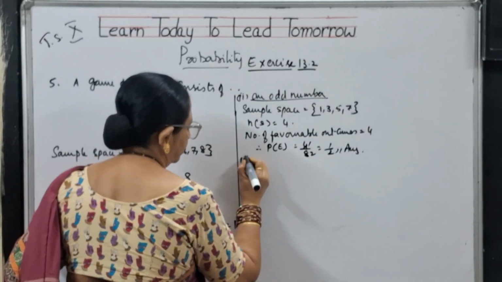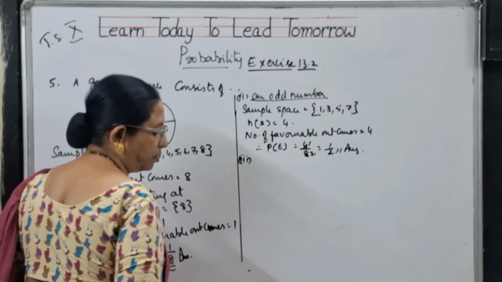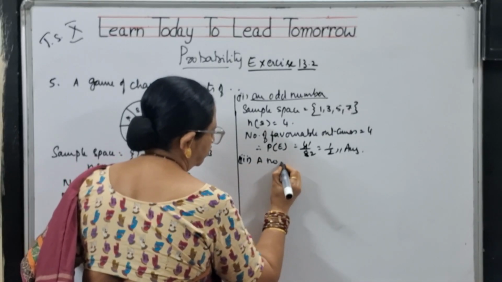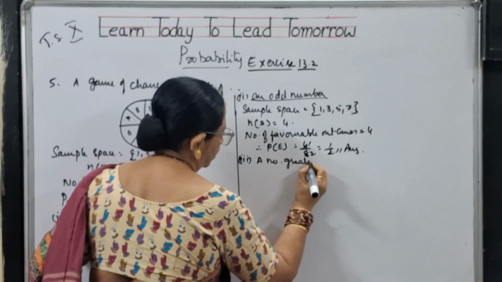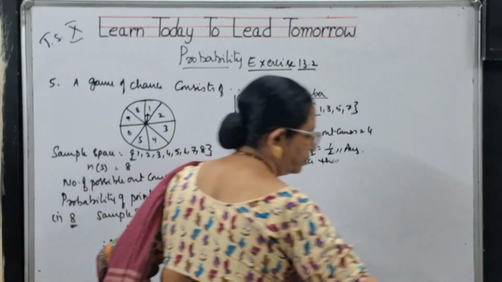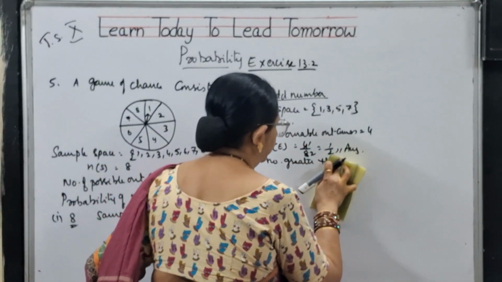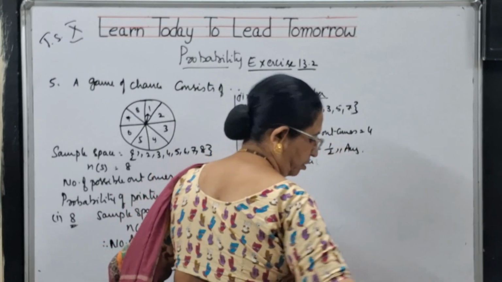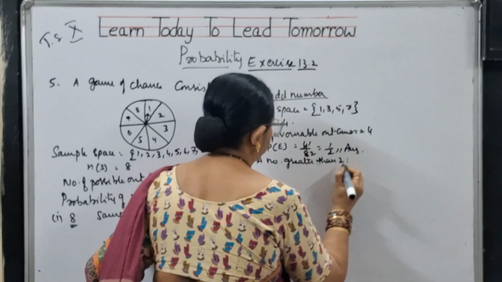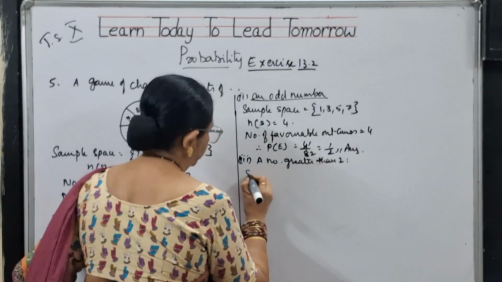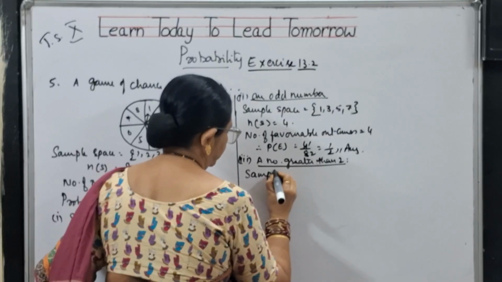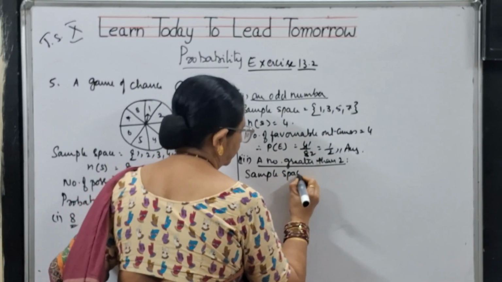Now the third bit is a number greater than 2. So what is the sample space?